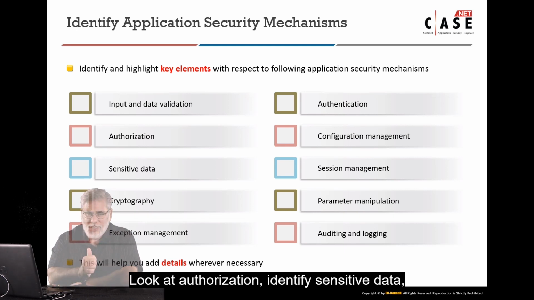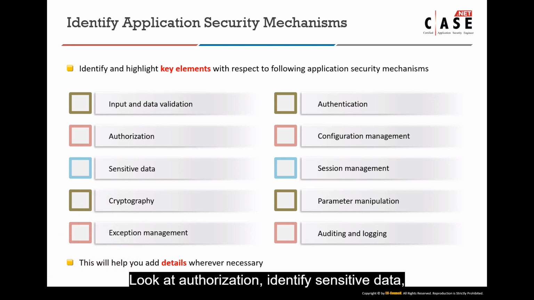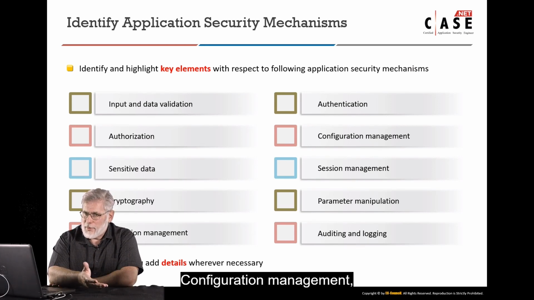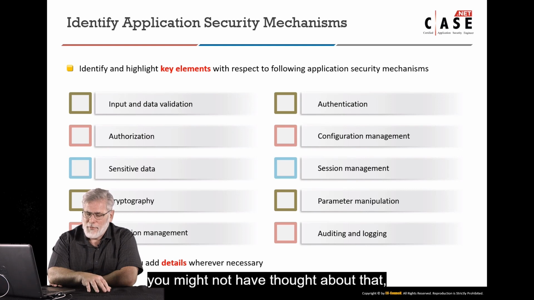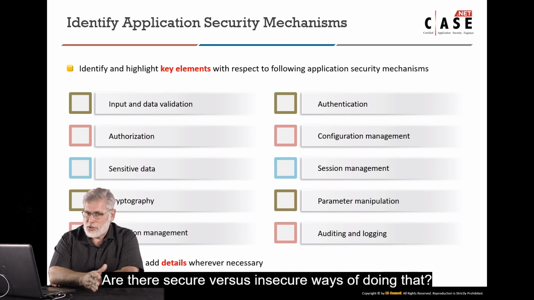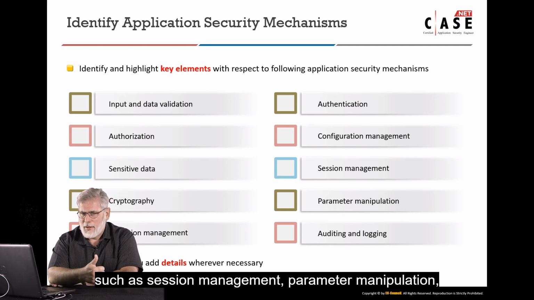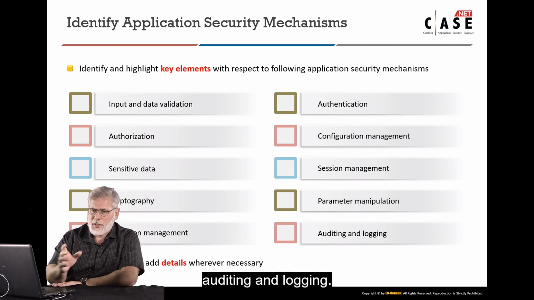Look at authorization, identify sensitive data, properly implement cryptography, make sure we have good exception management, make sure you have thorough authentication. Configuration management, you might not have thought about that, but your application has to be configured, the server it's on has to be configured. Are there secure versus insecure ways of doing that? And of course we have the things we've discussed before, such as session management, parameter manipulation, auditing, and logging.